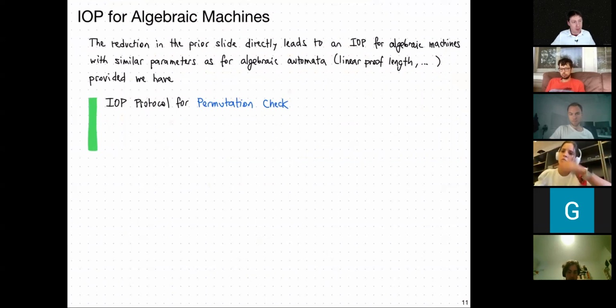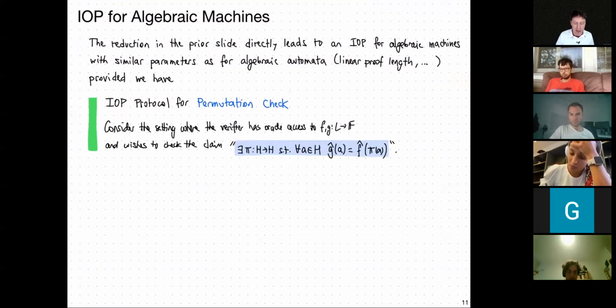So we're going to ask the prover to give us the permuted trace, and we're going to check that there is a permutation that explains it. We consider a setting where the verifier has oracle access to F and G, and wishes to check that there is a permutation that explains G in terms of F hat. So to the PJs, we're going to give F, F shifted, and G. And separately, a different subroutine will ensure that G is related to F by some permutation, okay?